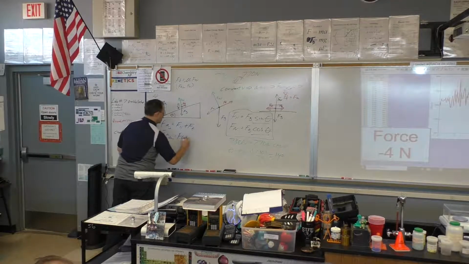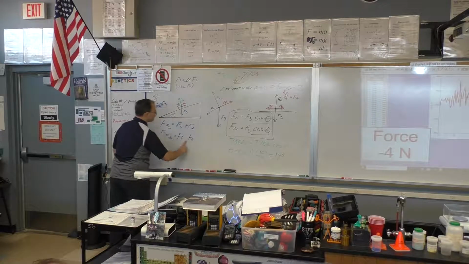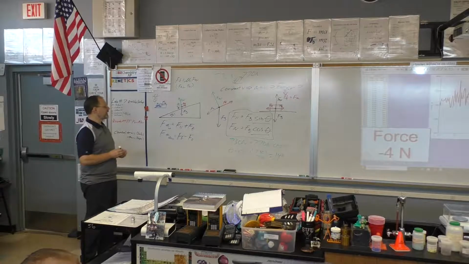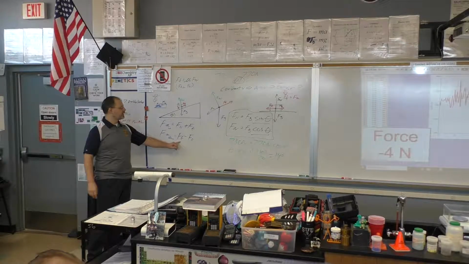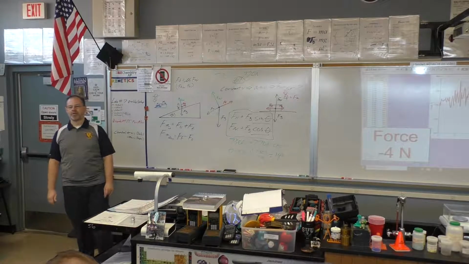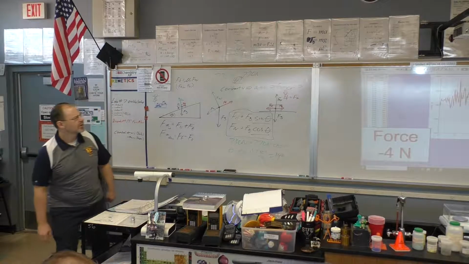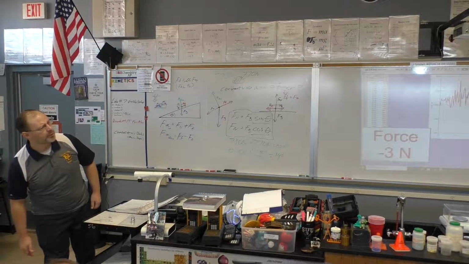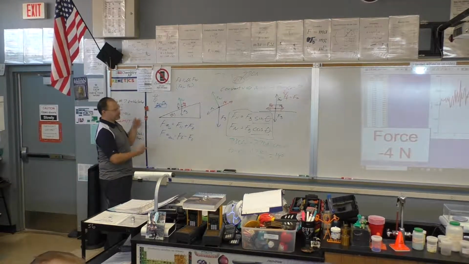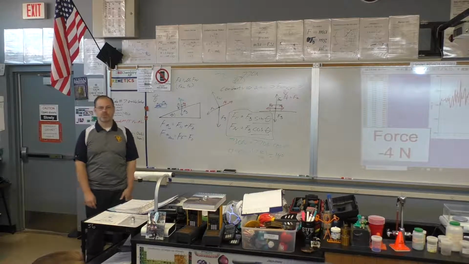Force parallel. So what math symbol should go right here? Minus. So if you're going down the plane, your force parallel is working for you, so it's going to be the force of friction minus the force parallel. That's going to be really important in tomorrow's lab. So if you haven't written this down yet, write it down, because you're going to use it in tomorrow's simulation.